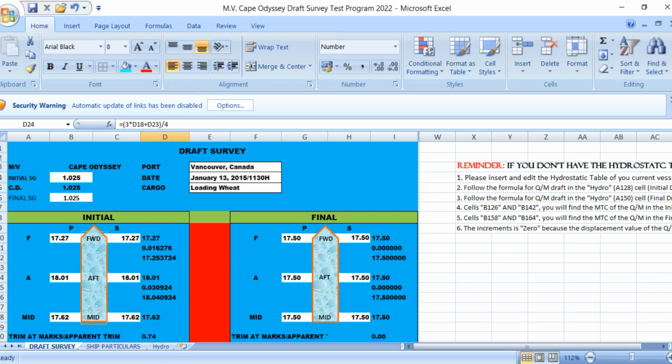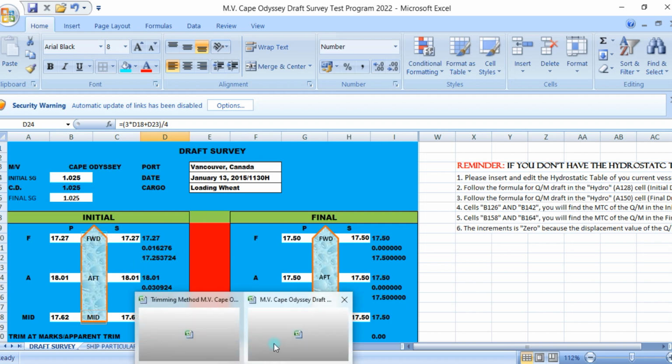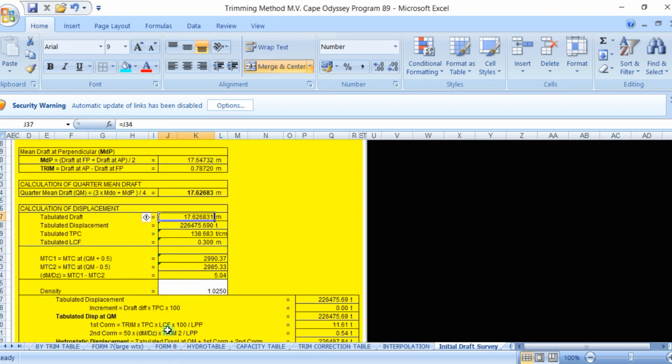So we go to the other drop survey, the trimming method, and we check the quarter mean, which is this one, 17.626831. This is the quarter mean drop, and this displacement is 22647569, which is the same.